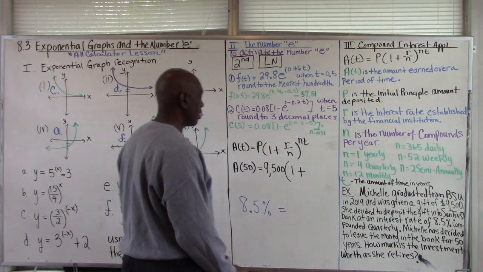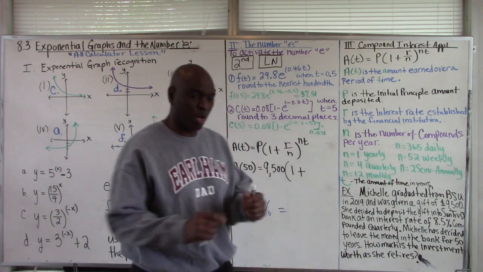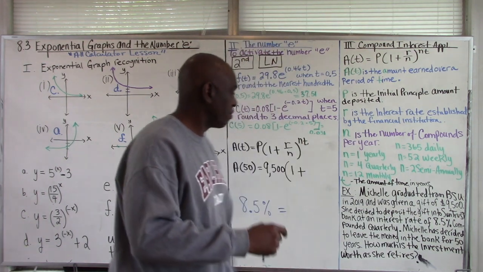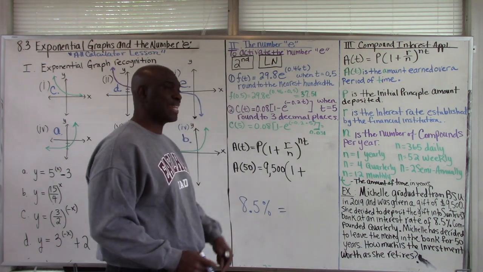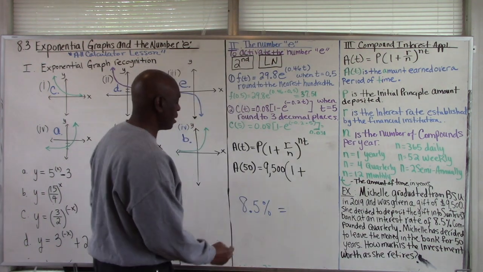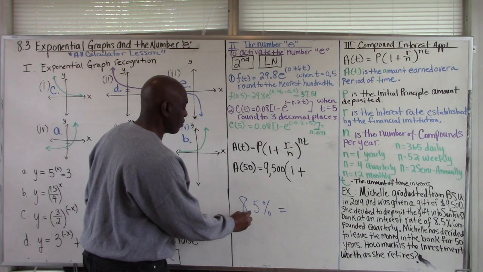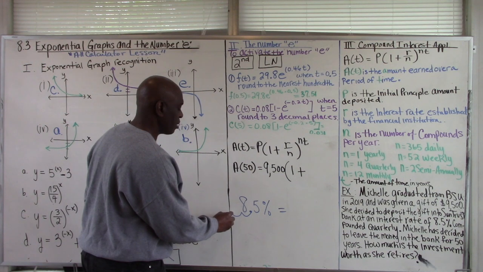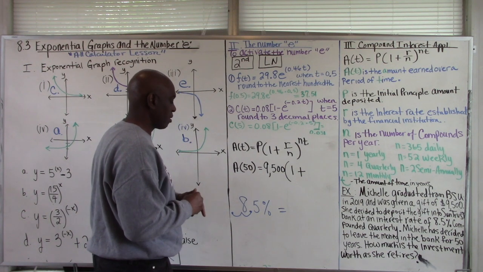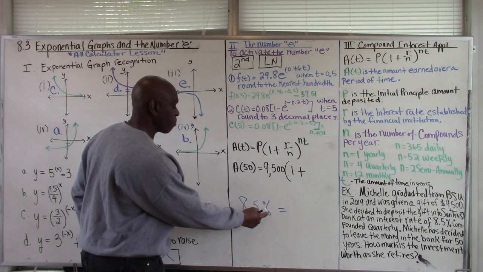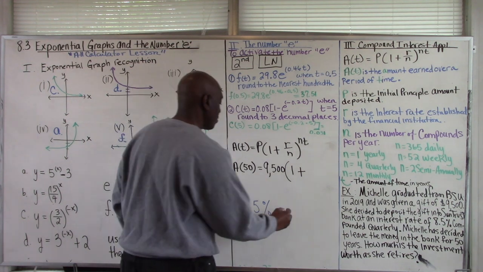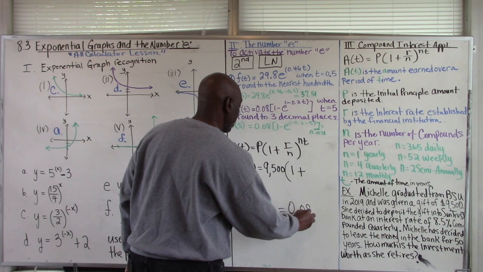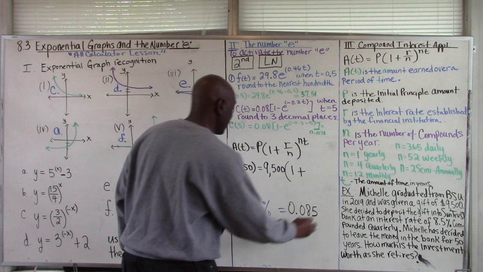Since percent represents division by 100, you take your decimal point and move it over 2 places to the left. So 8.5% is the same as 0.085.